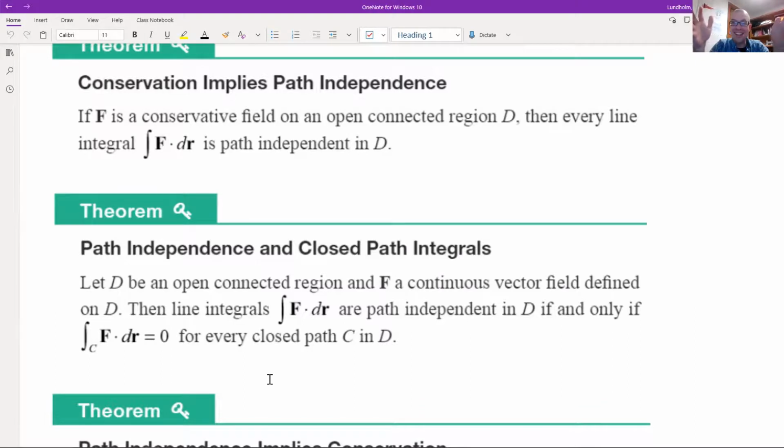Like gravity is a conservative vector field, or at least can be represented with one, because while gravity might act on an object, unless you are changing the gravity field, you're not going to be able to add energy to the system.